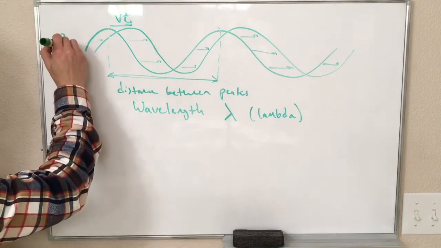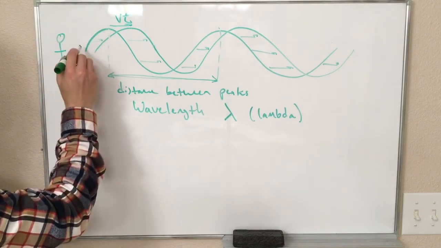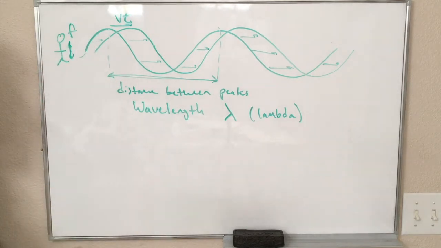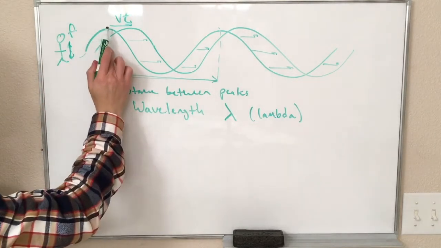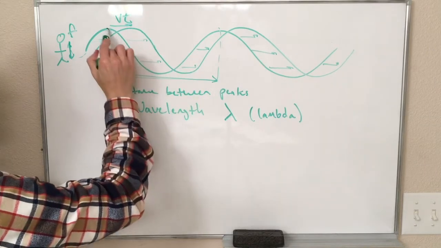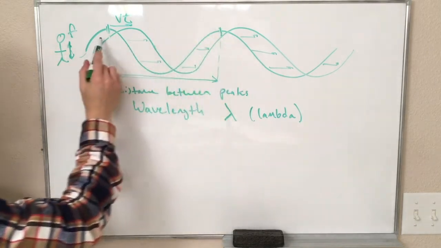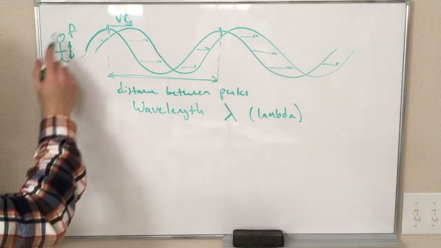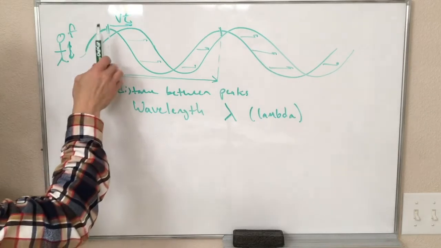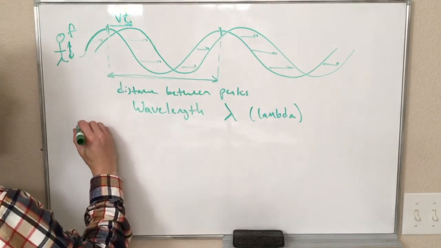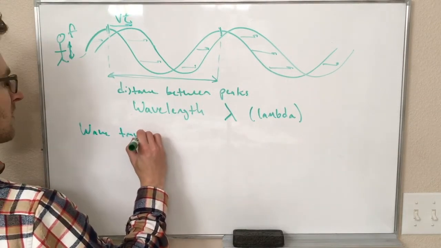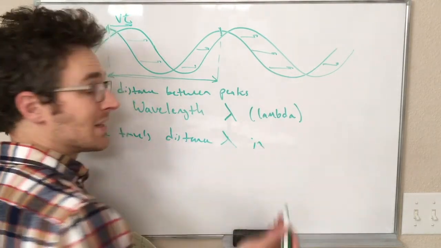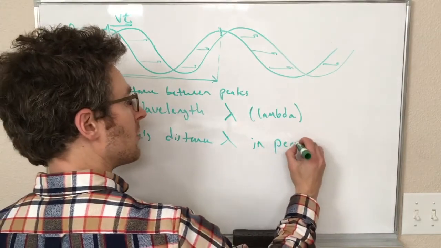So remember, this person over here is moving their end of the rope up and down with some frequency f. So when this wave has moved from this point to this point, that means that whatever's going on here has to look the same as it did when this started. Or in other words, our wave is going to travel this distance lambda in a time equal to the period.